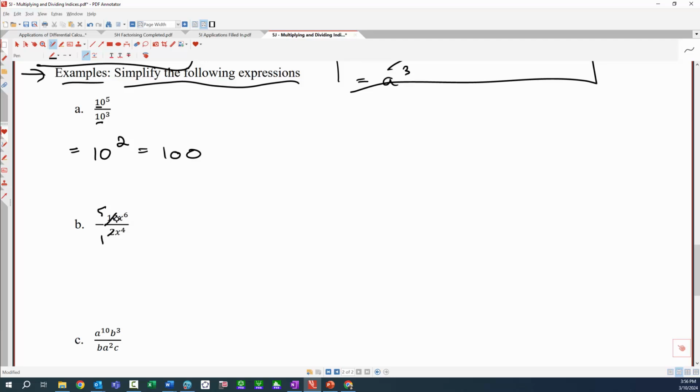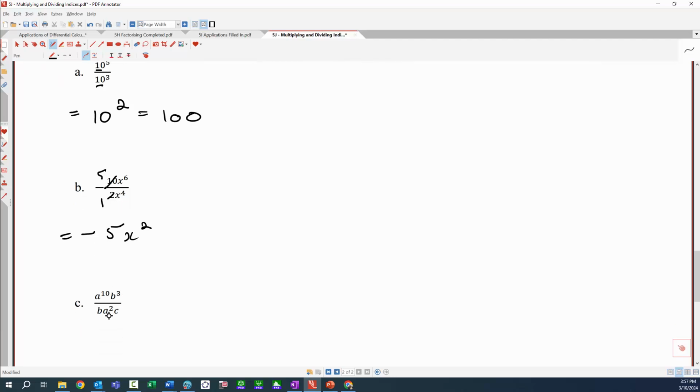So the rule applies that when I've got common bases, x and x being divided, I simply need to subtract the powers. So this is going to be negative, first of all. We've got 5 in the numerator. Then we've got x to the 6, and we're dividing that by x to the 4. So that's going to be x, and 6 take away 4 is 2. So the answer to this question here is negative 5x to the 2. You could put over 1, but it's not required.